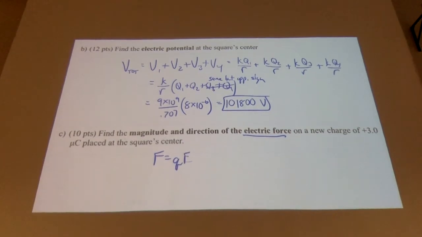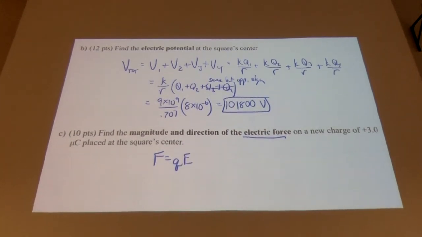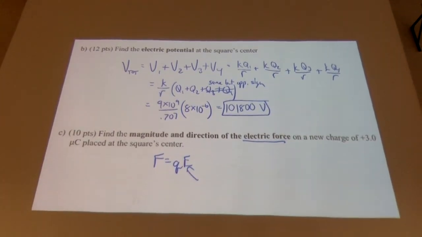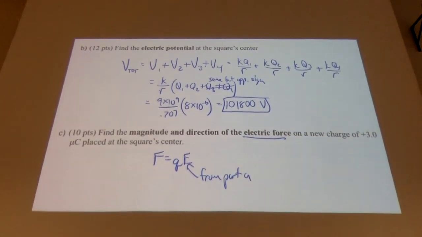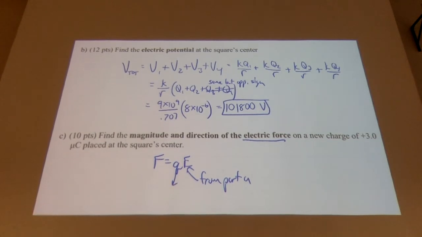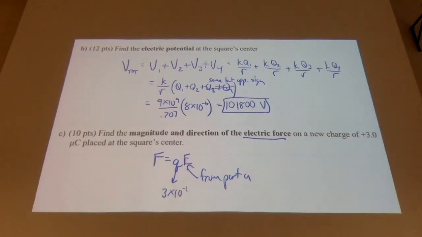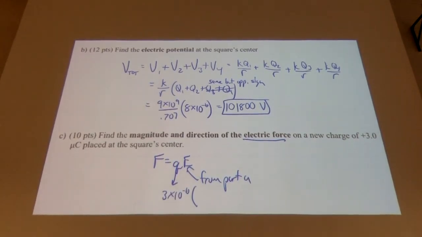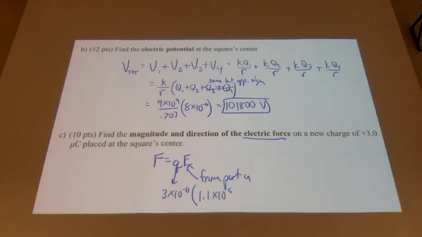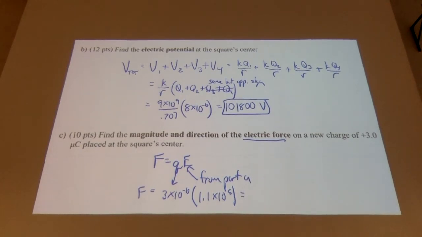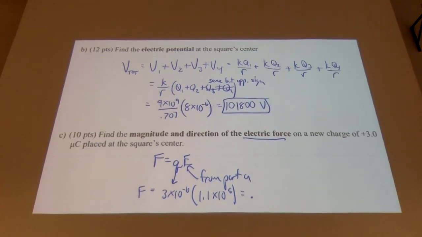Anyway. F is equal to QE. F is equal to QE. E is from part A. Q is what we were just given, 3 times 10 to the minus 6. And what was our answer from part A? 1.1 times 10 to the 5th. And that's all you need to do, which is somewhere around 0.3, I think.